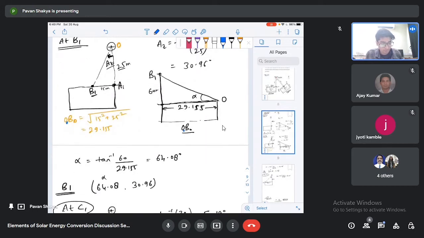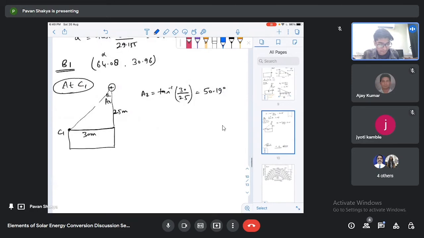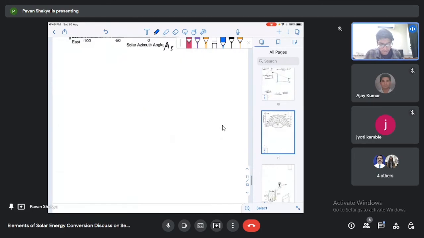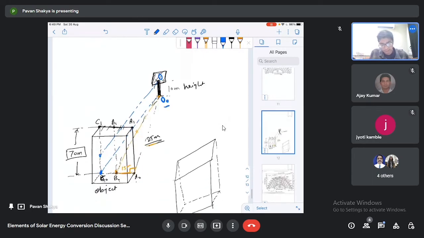So this one is O, this one is O naught, and at the bottom this one will be the B naught. Okay. So similarly I will plot the figure for this point. This one is our O, this one O naught, this one is C1, this one is our C naught. What is this distance that we have to calculate? So from this figure we can see that this O naught, A naught and C naught, this angle is 90 degree.